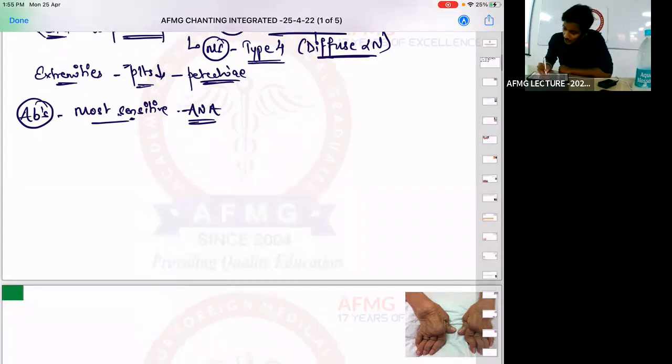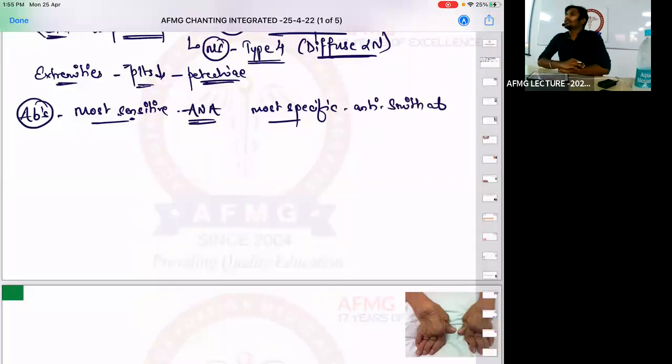If I ask you about the most specific antibody, the answer would be anti-Smith antibody. Most specific is anti-Smith, and most sensitive is ANA, anti-nuclear antibody. Then please tell me which antibody will tell me about the disease activity or disease progression.